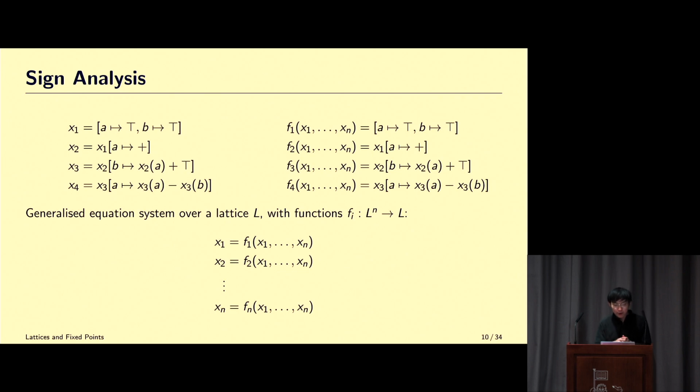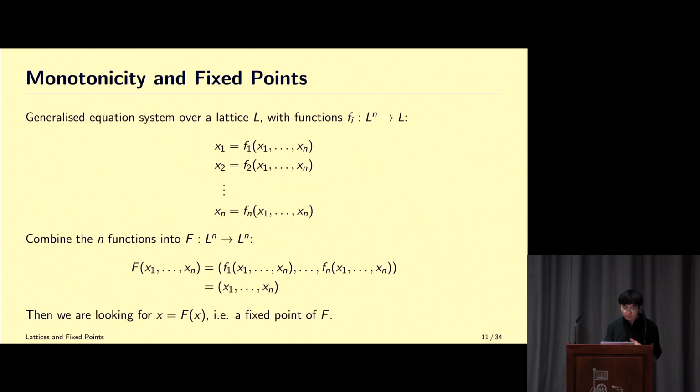So at this stage, we have this mapping for each line in the program. We can extract this dependency logic by creating a function for each line of the program that returns the mapping. These functions take in all of the mappings for each of the other lines in the program, and they return a mapping for that specific line. So we now have a generalized equation, basically a system of equations.